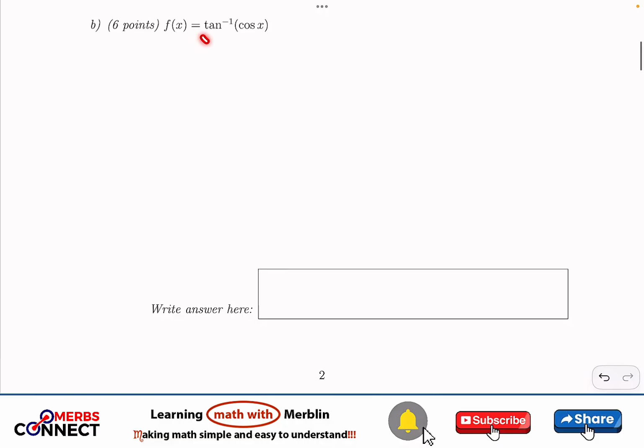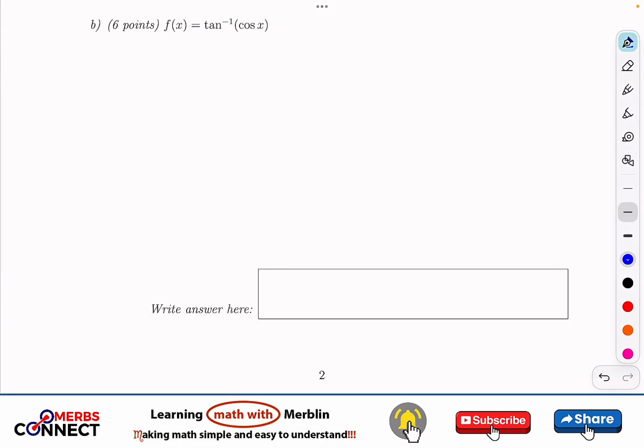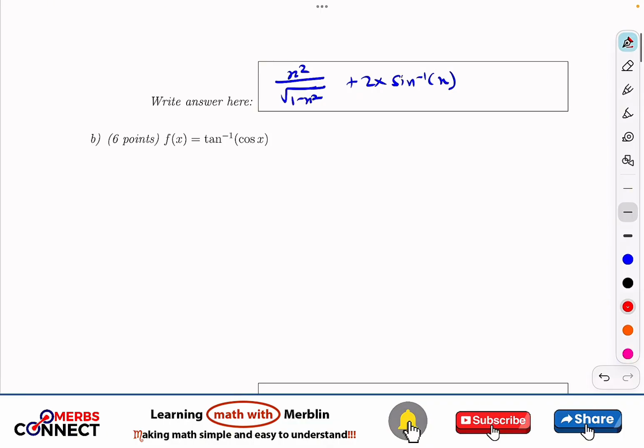Now let's look at this one too. Again, the same trick that I gave in the previous video for tan inverse. Let me write it here again for you. To differentiate tan inverse of u, this is equal to 1 divided by, either 1 plus u squared or u squared plus 1.